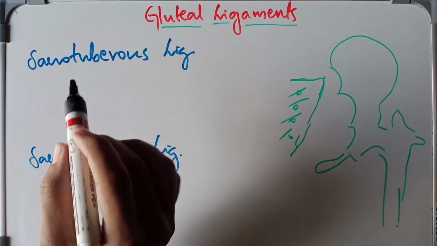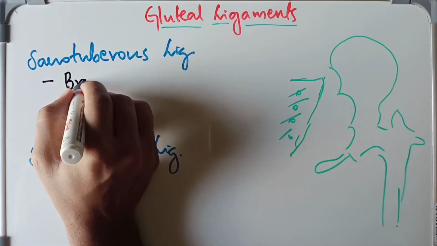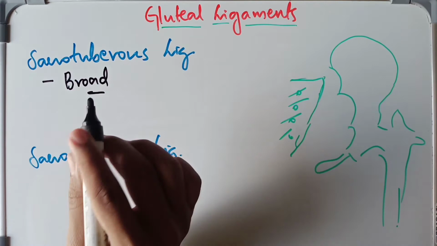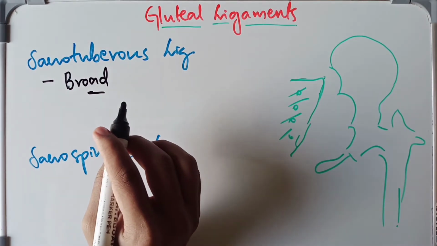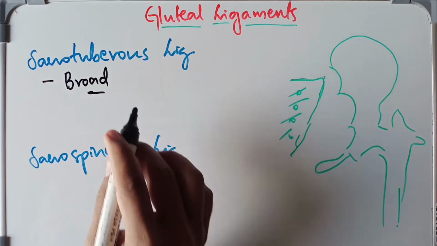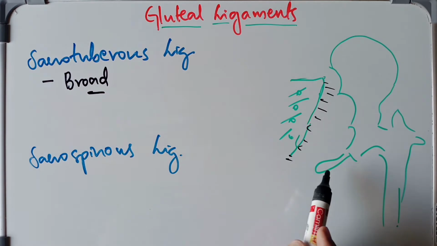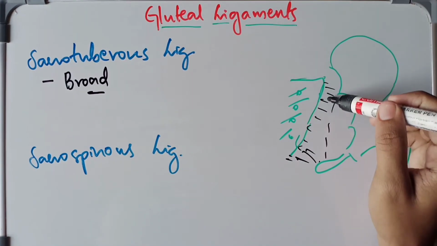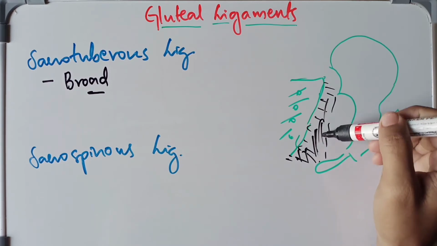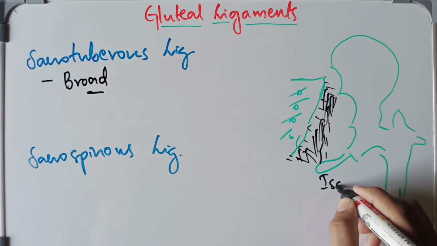Actually when it begins, the sacrotuberous ligament is a broad band of fibrous tissue, which extends from the side of the sacrum and coccyx to the medial side of the ischial tuberosity. From the side of the sacrum and the coccyx, it will join with the ischial tuberosity. So this is the sacrotuberous ligament. This is the ischial tuberosity.